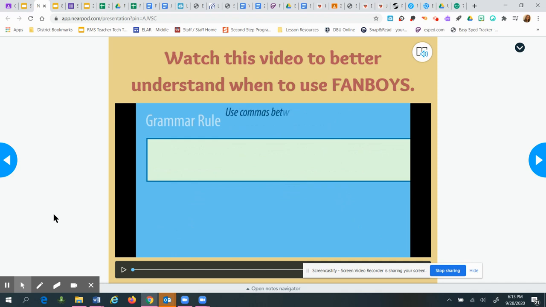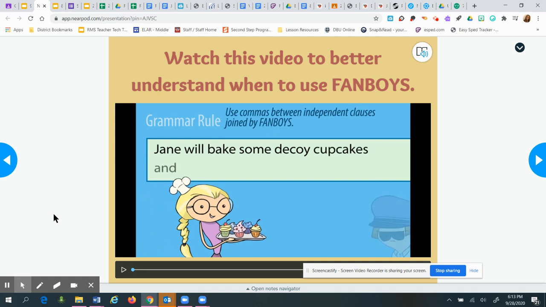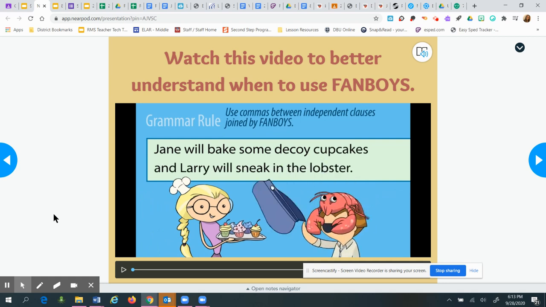If the fanboys connect independent clauses, however, insert a comma after the first clause and before the fanboy. Jane will bake some decoy cupcakes, and Larry will sneak in the lobster. Remember that an independent clause is basically just a sentence. You can't mash two sentences into one sentence without something between them. That's when you get run-on sentences.